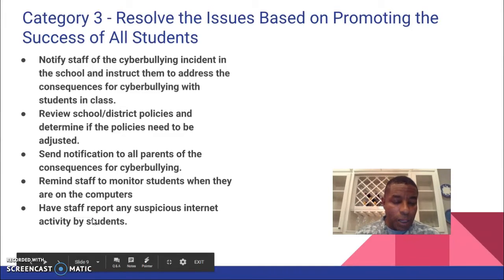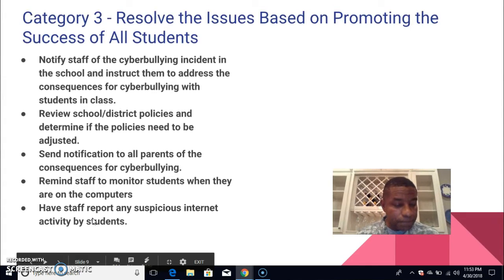Review district policies on internet use and give suggestions, if any, to improve on them. Send parents notifications about consequences for cyberbullying. Make sure staff monitors students while they are on the internet at school. Remind the staff to report any suspicious internet use activities by students to school officials.